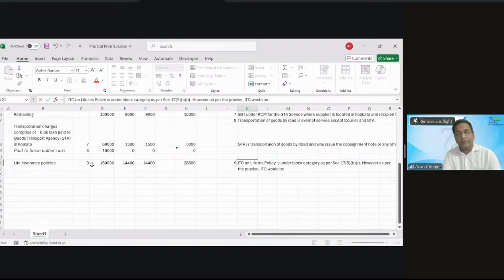However, as per the proviso, ITC would be eligible if such expense is an obligation by law on the employer to provide to its employee.